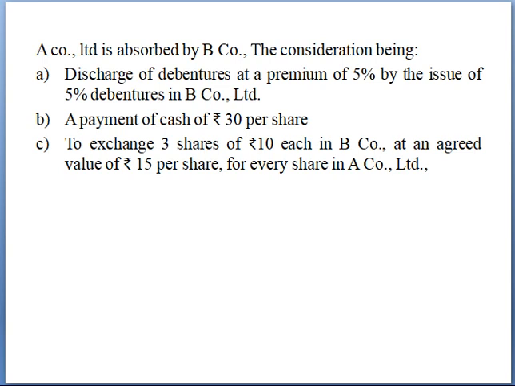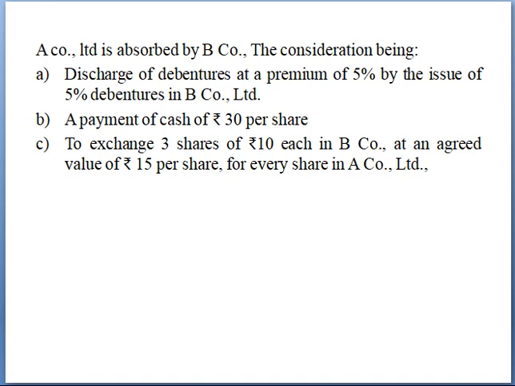And the next one, a payment of cash rupees 30 per share, which means for one share rupees 30 is paid as cash. And the third one is to exchange 3 shares of rupees 10 each in B company at an agreed value of rupees 15 per share for every share in A company, which means if you hold one share in old company, that is in A company, you will get 3 shares in the new company, right?